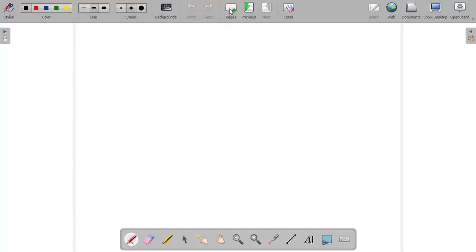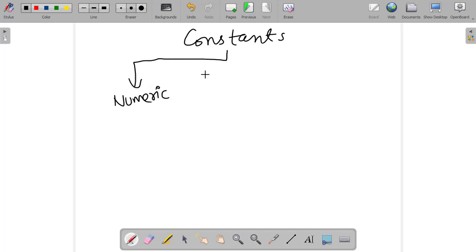So next one is the constant. Please pay attention here. Constant is of, I can say, 3 types: numeric, character and string.